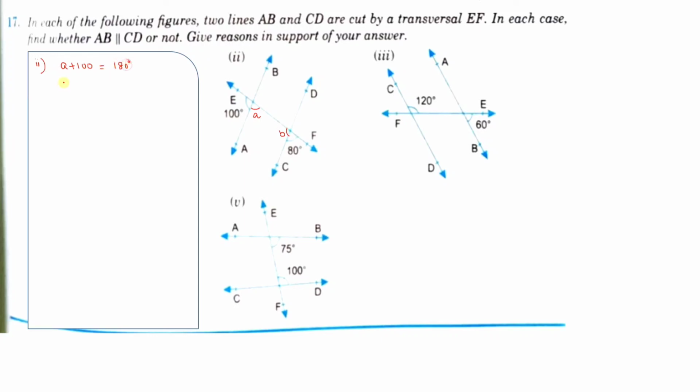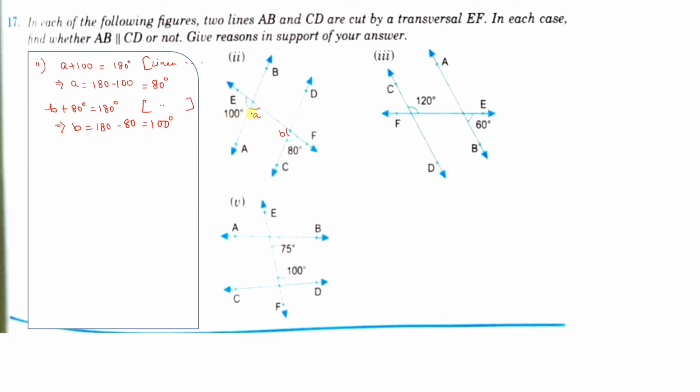So the value of A will be 180 minus 100, that is equal to 80 degree. Similarly, B plus 80 equals 180 degree. So the value of B will be 180 minus 80, that is 100 degree. You will write the reason, linear pair, here also the same thing.